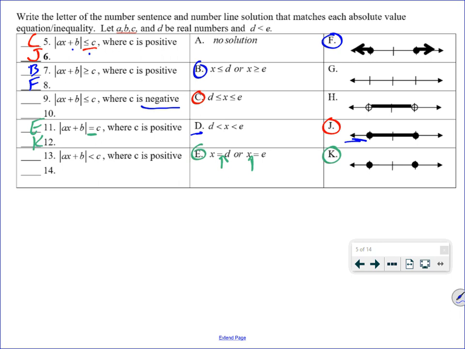Whenever we have negative, something funky's happening. Less than negative, we've already seen this example, is no solution. So this last one here is basically the same as what was up here in 5 and 6, except instead of just less than or equal to, it's just less than. And so this will be D and H.